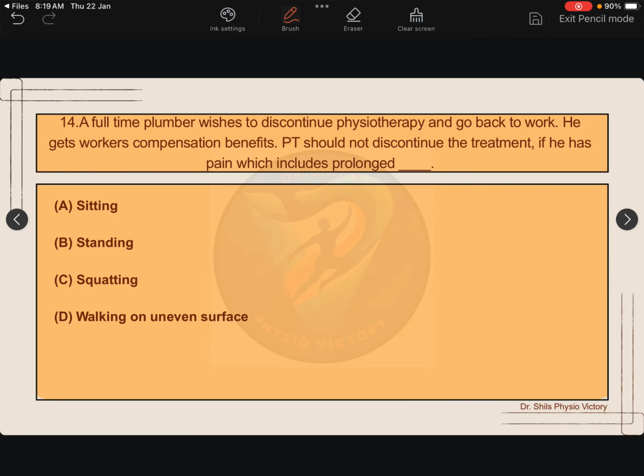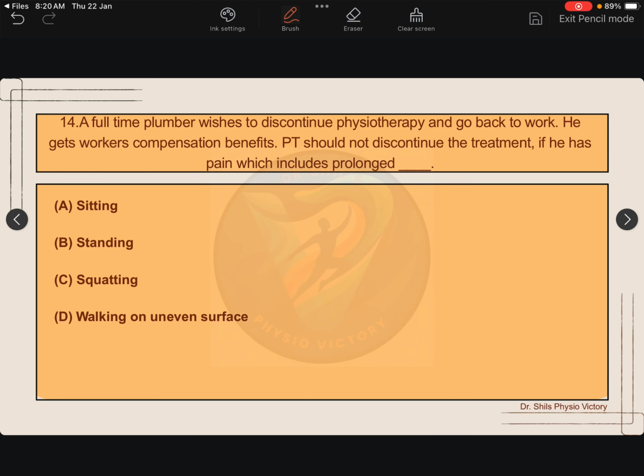Next come to question number 14. A full-time plumber wishes to discontinue physiotherapy and go back to work. He gets workers' compensation benefits.